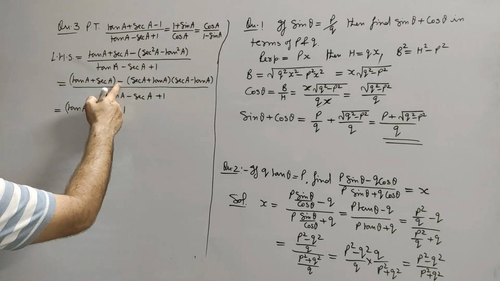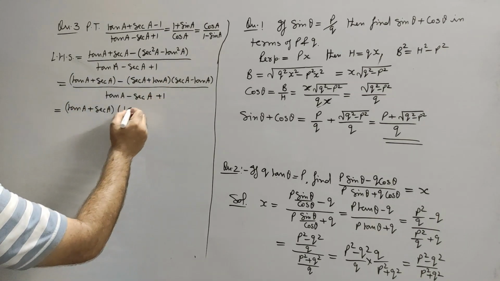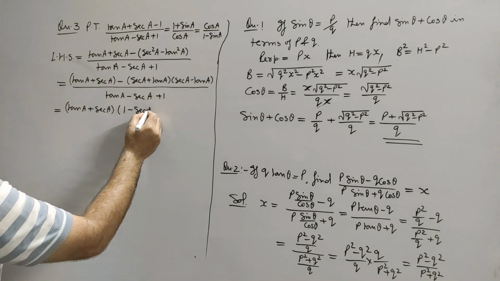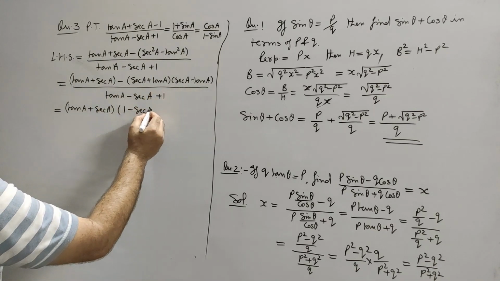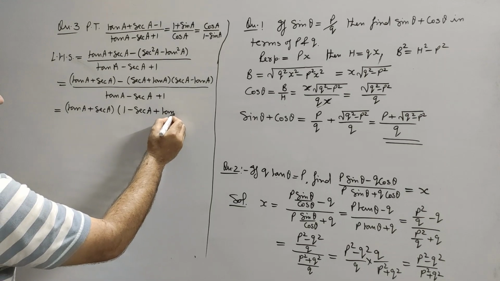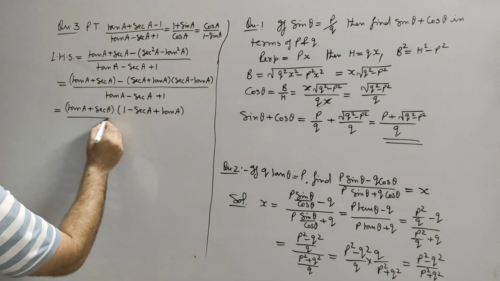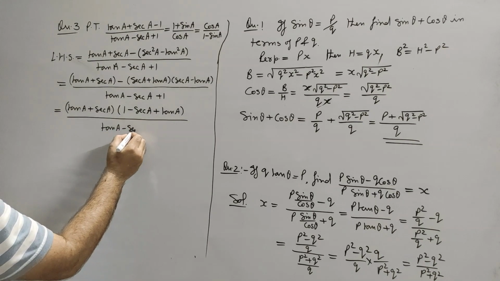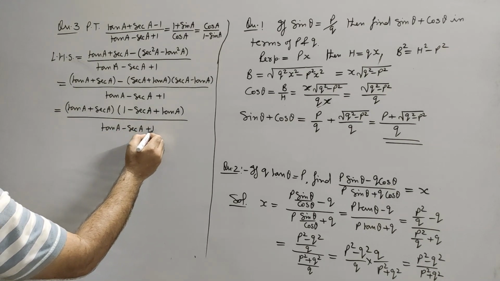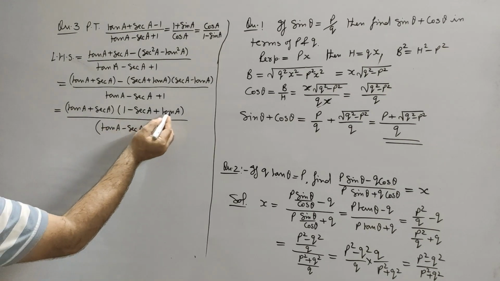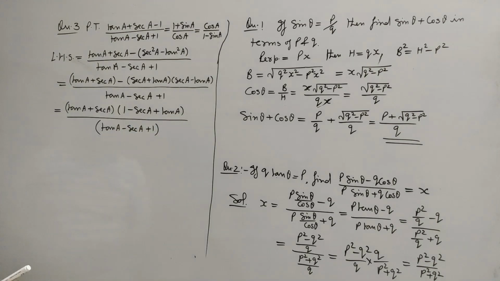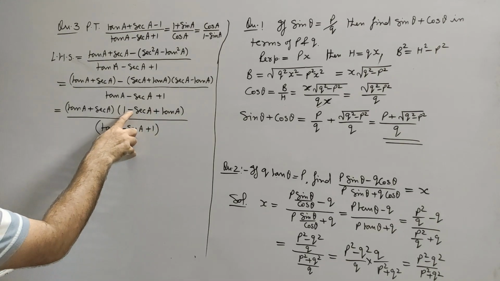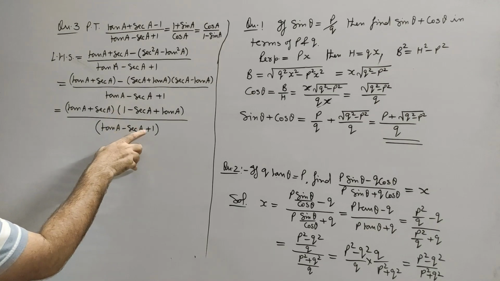here minus sec A, and minus minus plus tan A, divided by tan A minus sec A plus 1. We can see that these two terms are the same, tan A minus sec A plus 1.